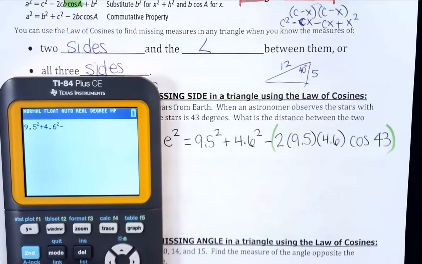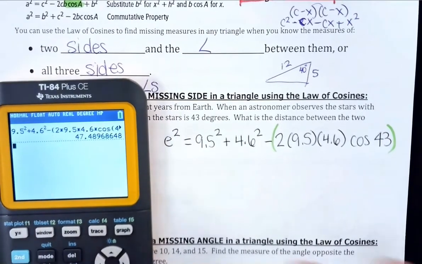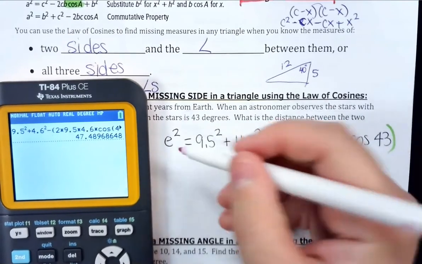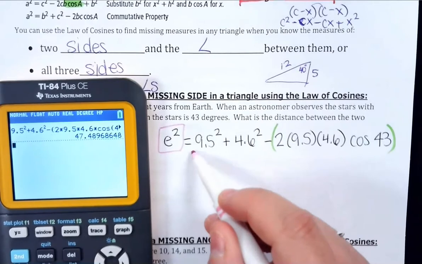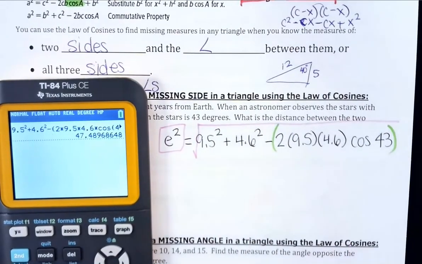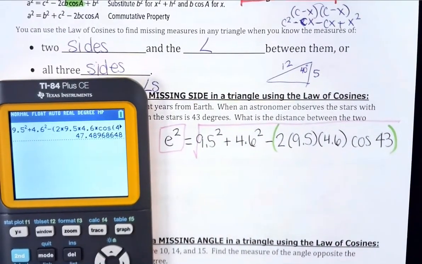So I pop up a parenthesis, and I literally type out what I have here: 2 times 9.5 times 4.6 times the cosine of 43, and then I end that parenthesis because I'm subtracting that whole thing. Okay, now what you have to remember when you get done typing that in is that it is equal to the side squared. So ultimately, I need to take the square root of that whole thing to get my answer.